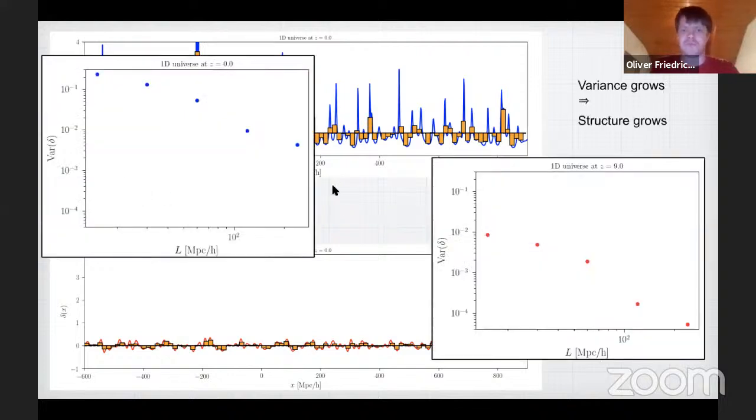And this is exactly what I've done here. You see this orange density field corresponding to the early universe has variances as a function of scale. So here the x-axis would really be different widths of these orange stripes.